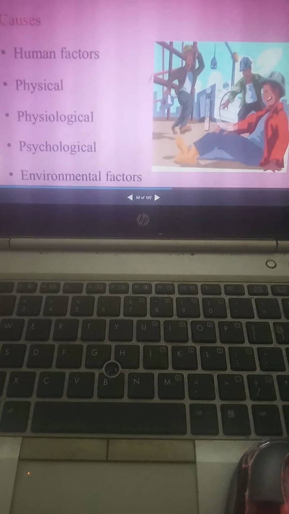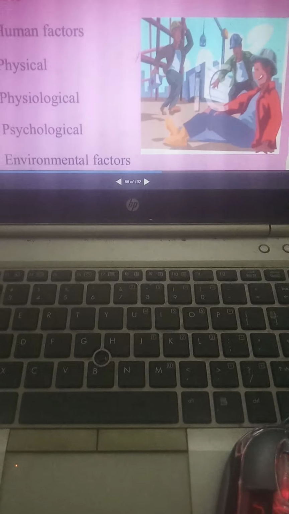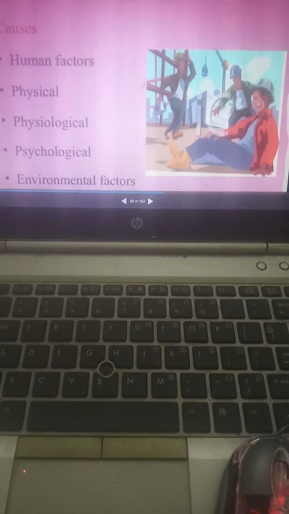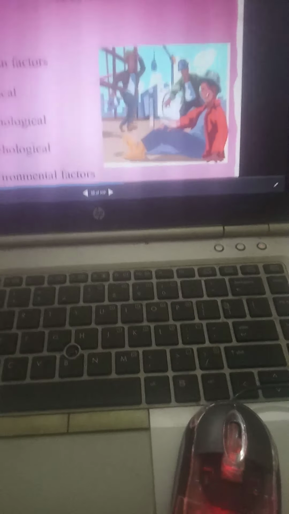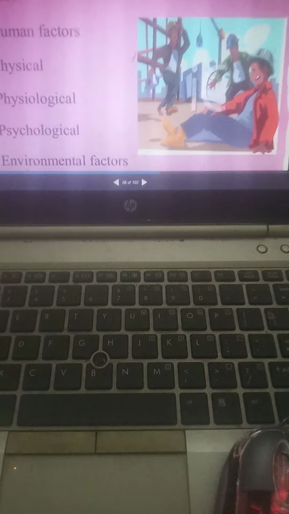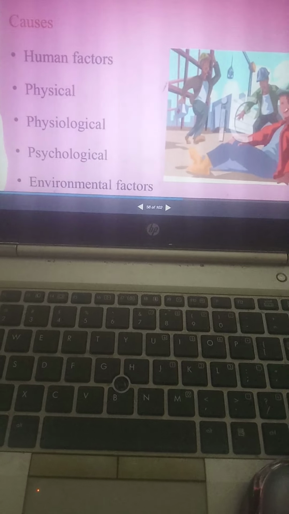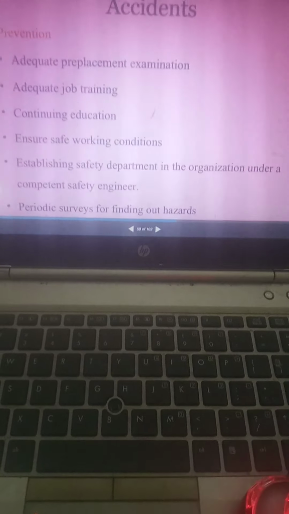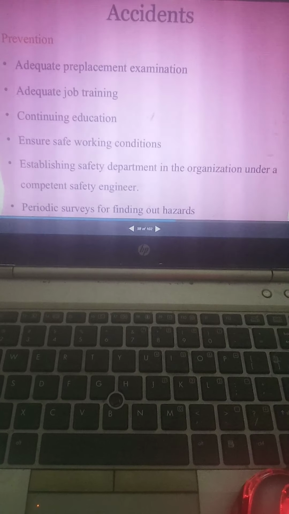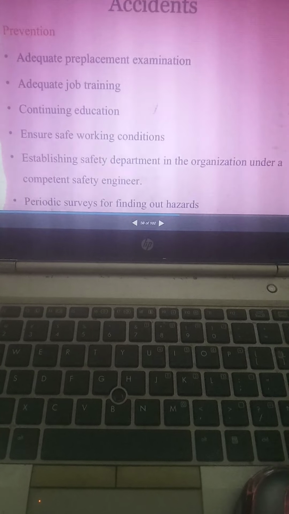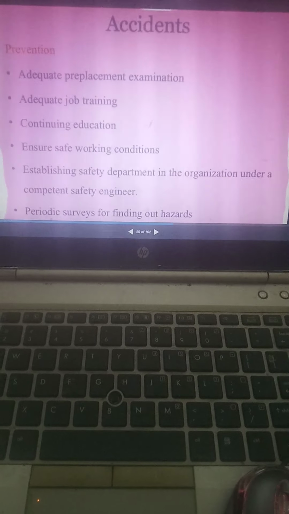And then environmental factors, the space between machine and the person is not good, ergonomics has not been applied well, so that can all lead to accidents in working places. Now, how should you ensure that accidents are minimized? You should ensure adequate pre-placement examination and adequate job training. Job training is very important.